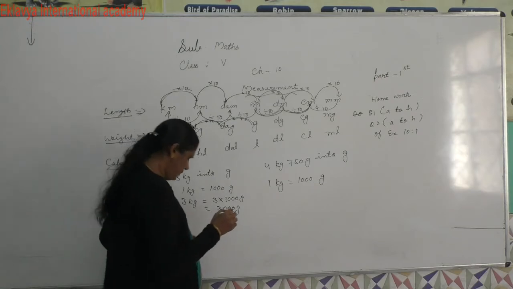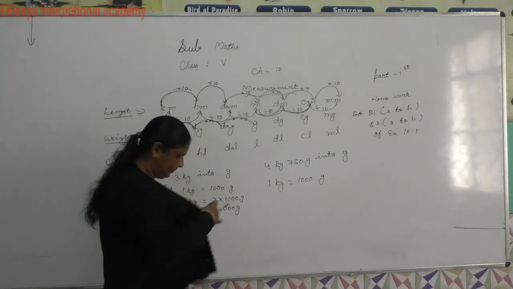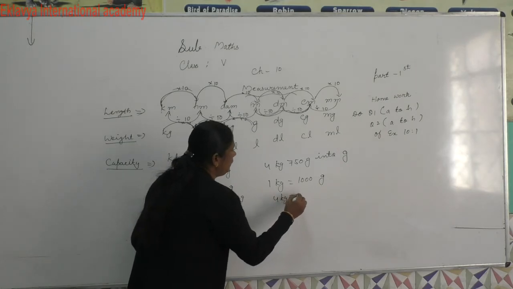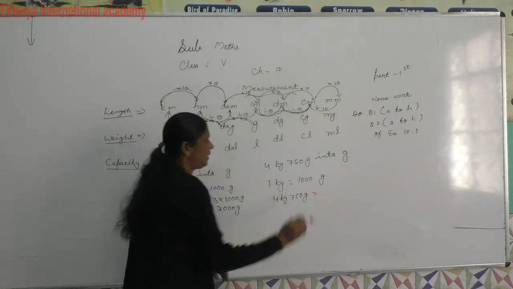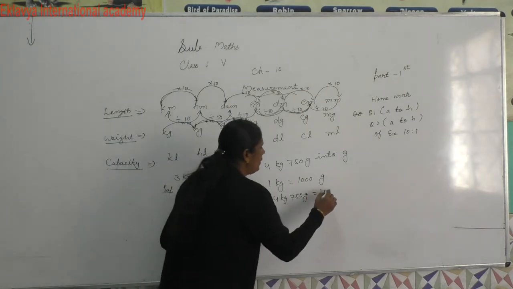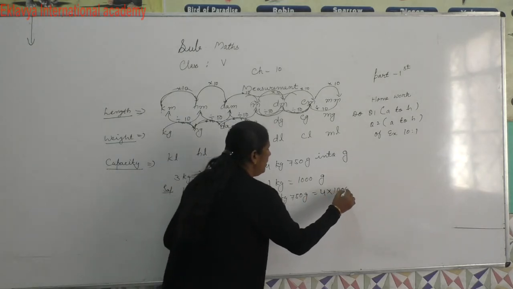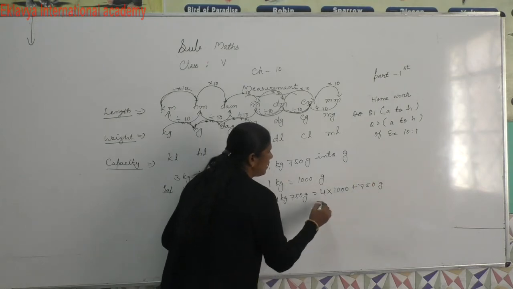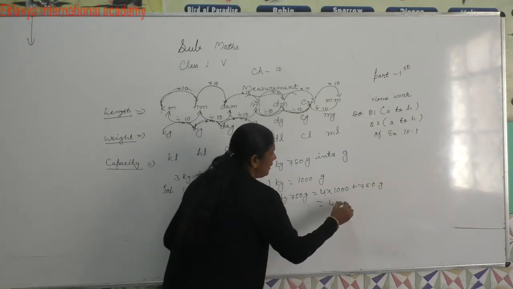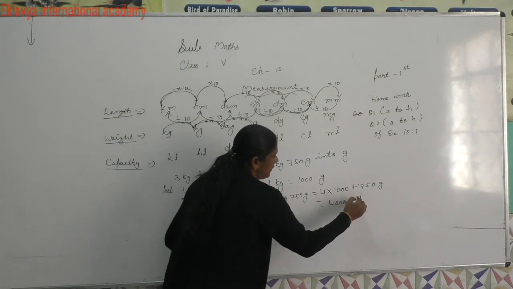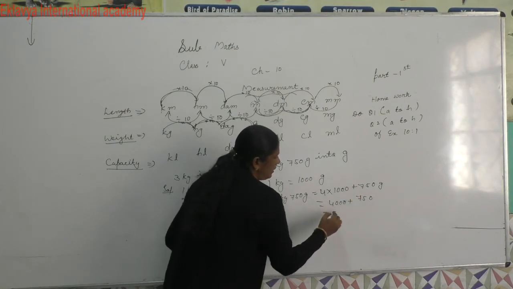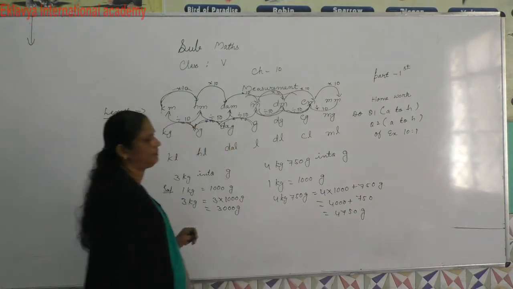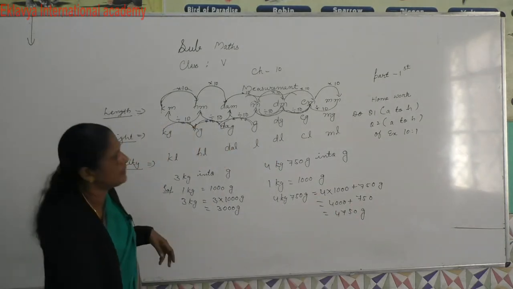We have 4 kg 750 gram, which is equal to 4 into 1000 plus 750 gram, is equal to 4000 gram plus 750, is equal to 4750 gram. Understand you?